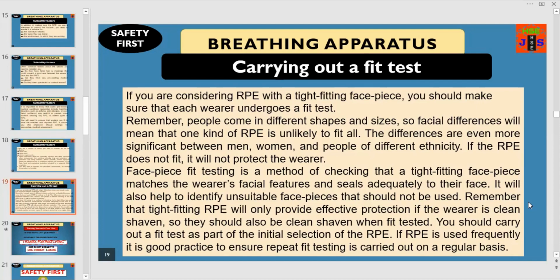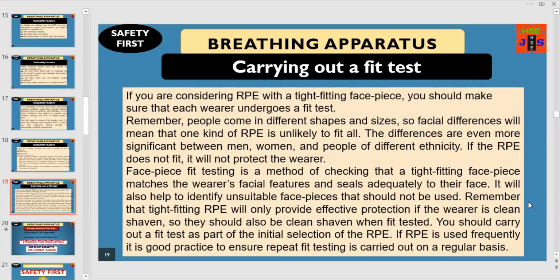Face piece fit testing is a method of checking that a tight fitting face piece matches the wearer's facial features and seals adequately to their face. It will also help to identify unsuitable face pieces that should not be used. Remember that tight fitting respiratory protective equipment will only provide effective protection if the wearer is clean shaven without beard.